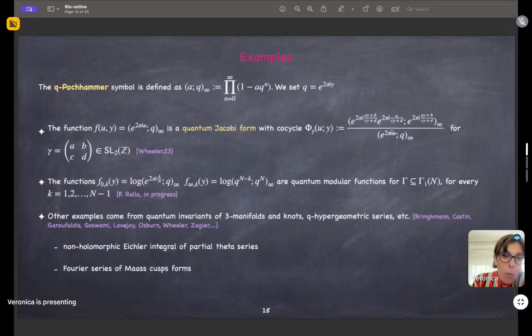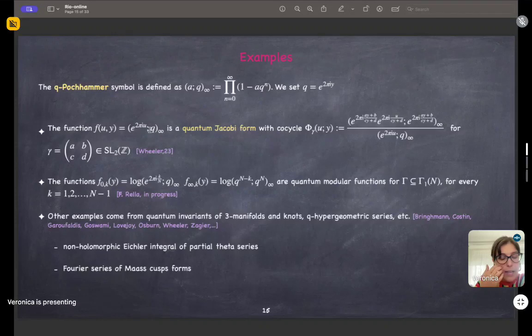So the adjective quantum means it is not anymore invariant, and the Jacobi part reminds you that it's almost like a Jacobi form, except that the invariance is broken. And this is an example given by Campbell-Wheeler in his thesis.